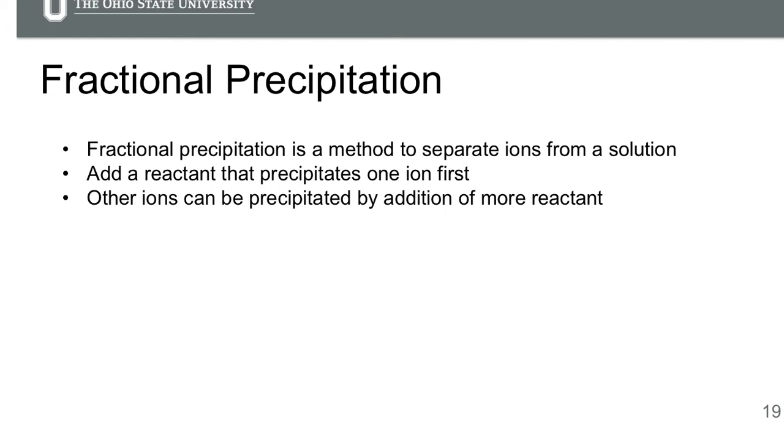That's a physical property that we can take advantage of that allows us to separate ions in solution. If we wanted to separate silver and lead, we could precipitate out one of them first. Once we remove all of that from solution, we could precipitate out the other ion.